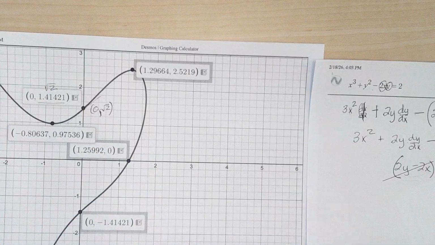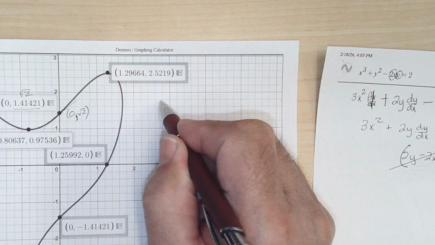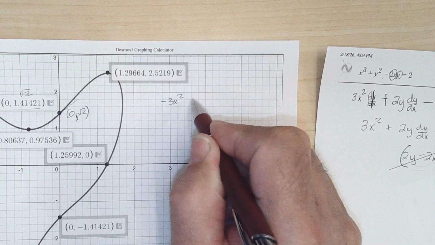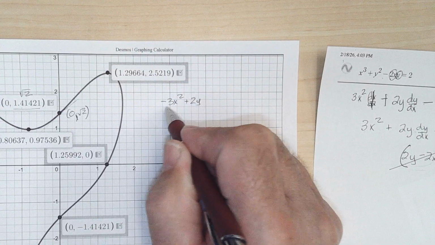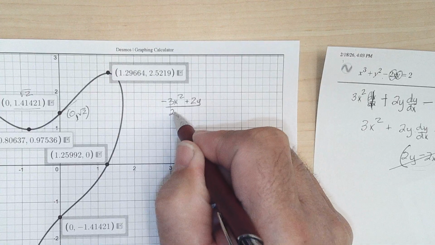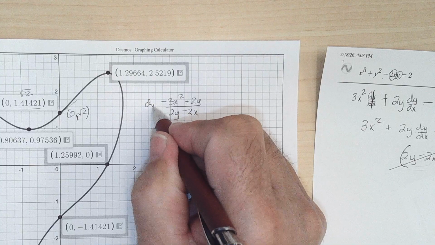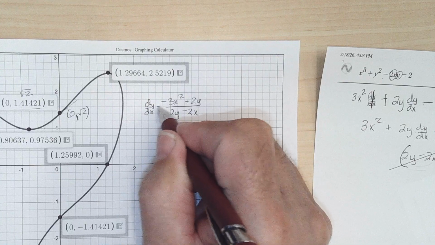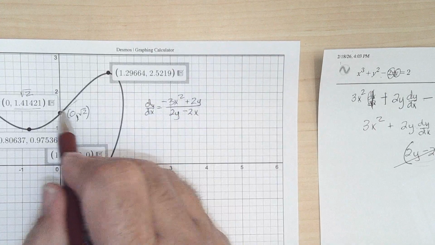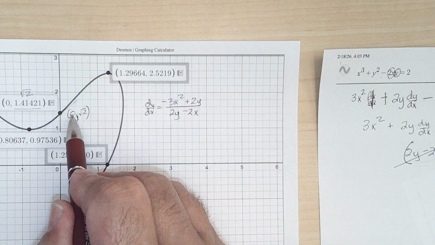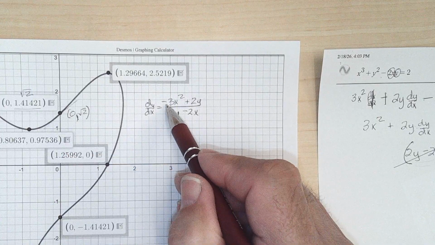So using my equation for the slope, minus 3x squared plus 2y over 2y minus 2x, figuring it out here, I'm going to put in 0 for the x's, so that'll be gone.